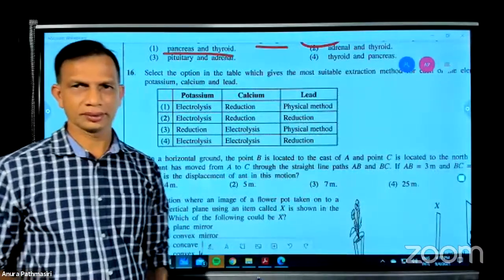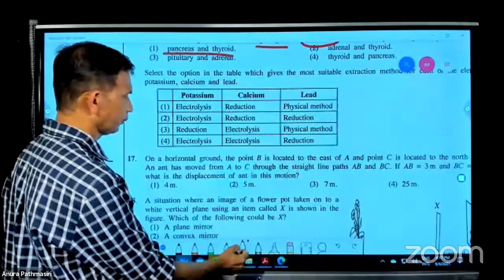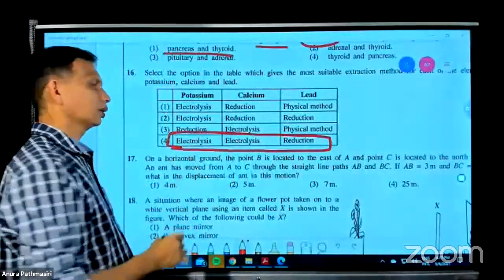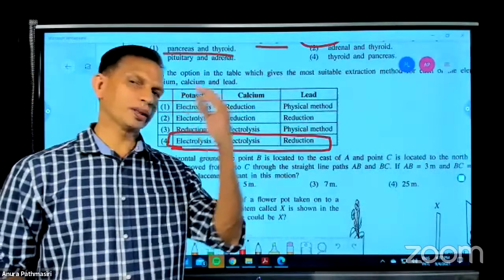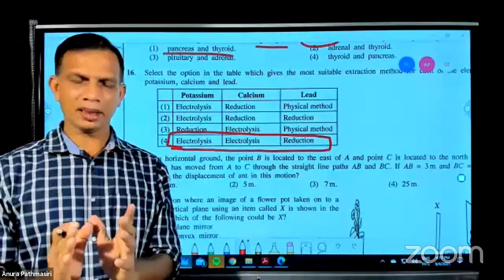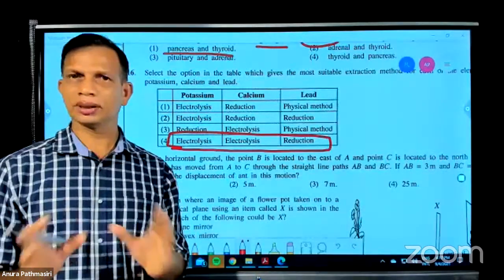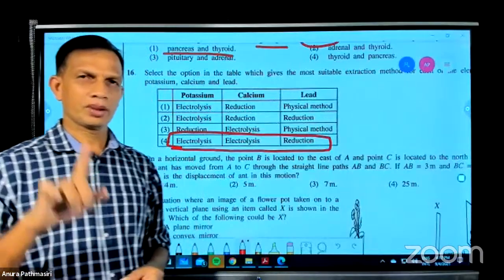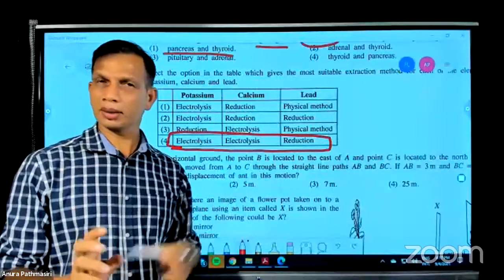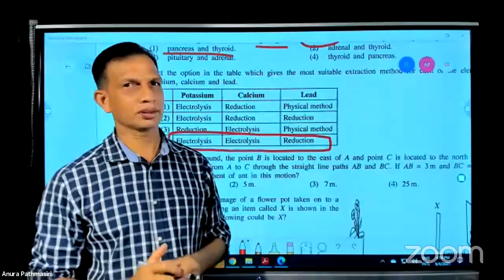Electrolysis, reduction. Even when you have answered, you have understood, keeping silence would let somebody else grab your opportunity. Please be silent when it is required. Don't be silent when it is not required, because your silence would make somebody else grab your chances, right?